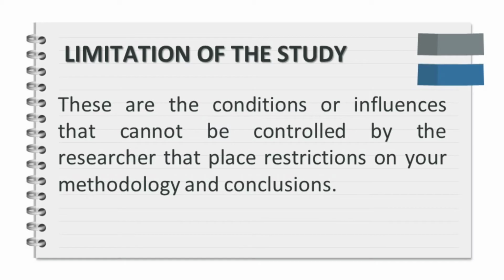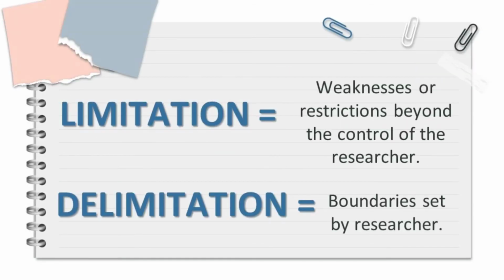Ito ang mga constraints or restrictions na naka-impact sa study noong ginagawa mo pa lang. However, hindi sila maiiwasan dahil beyond na siya sa kakayahan mo. Ito ay mga hindi inaasahang scenario or aspects pero nangyari pa din or nag-occur pa din.